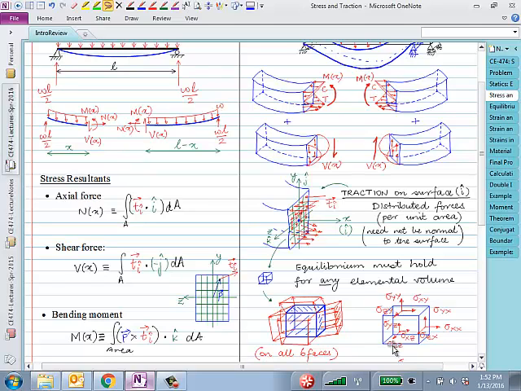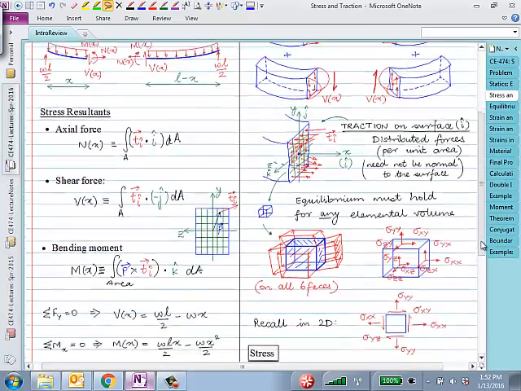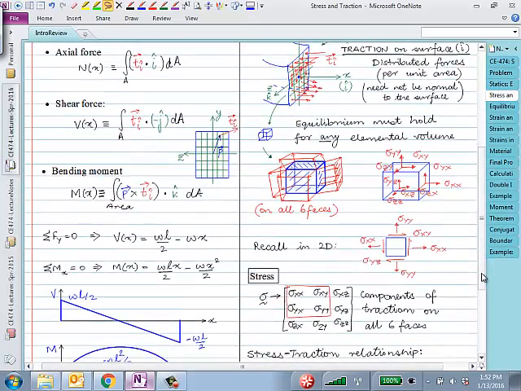Hopefully that should bring back some picture of mechanics of materials. So indeed, stress really is like a 3x3 matrix of stress components. And in 2D, we end up using only the first 4: xx, yy, and the shear stresses.